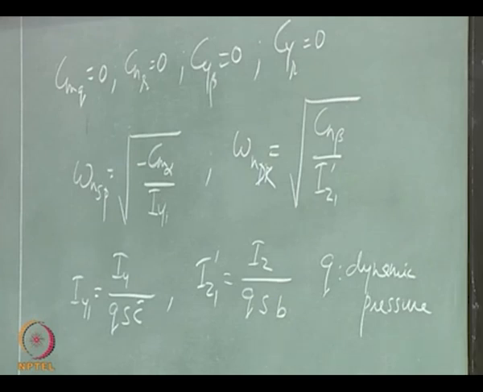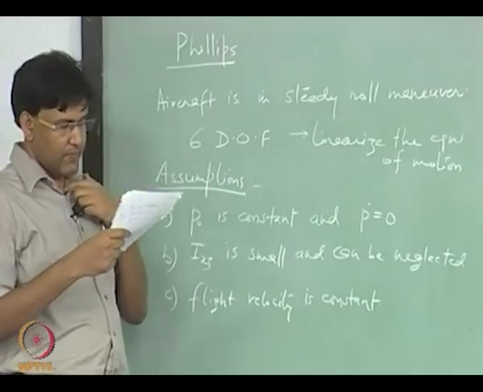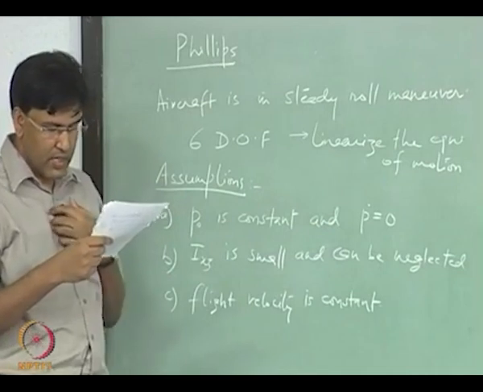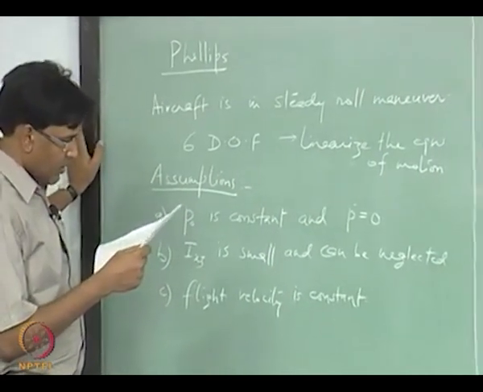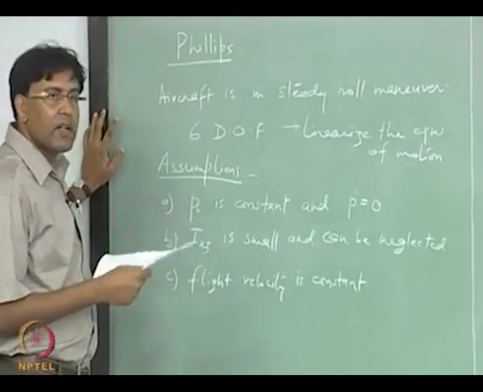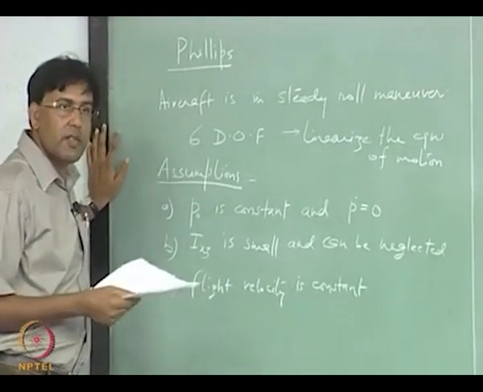So, after dropping a couple of equations, for example, I think he dropped this roll rate equation, and he also drops the v equation. Okay.